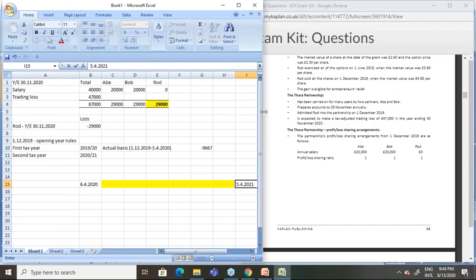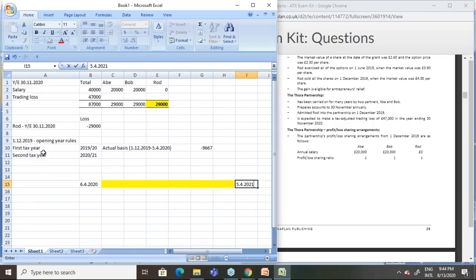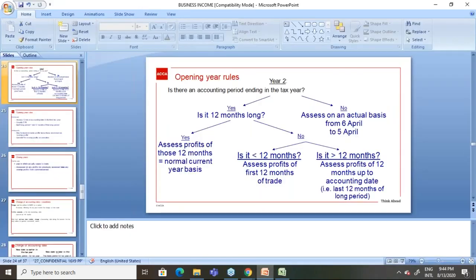Now your accounting period ends on 30th November 2020, the year ended 30th November 2020. So your period of account ending date falls into the 2020-21 tax year. So the answer to this question, whether there is a period of account ending in the tax year, is yes. Then you ask the second question, how long is the period of account?